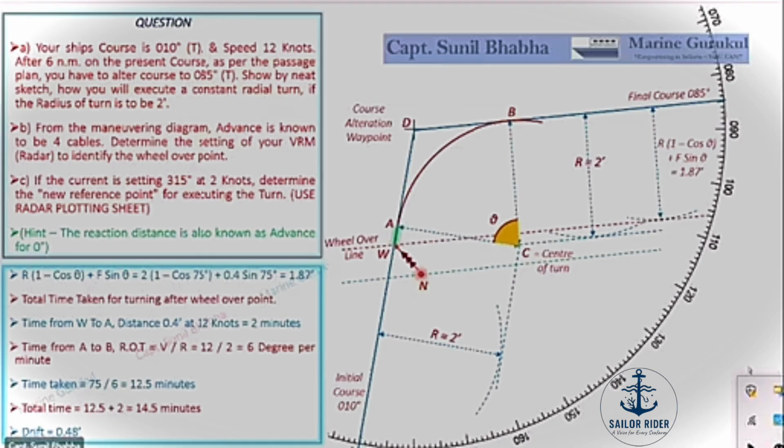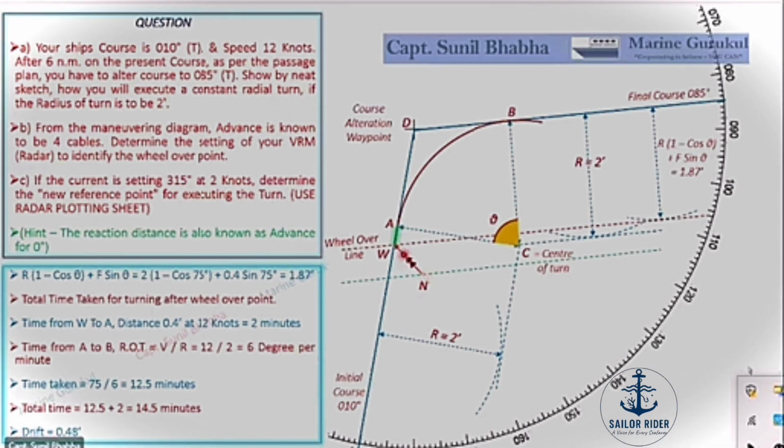So this November point which we have obtained now becomes our new reference point for executing that turn. So if we commence our turn at point November, the current is going to drift us from November to Whiskey in 14 and a half minutes. The rudder action of the vessel is going to take it from W to Alpha, that is the reaction distance, and Alpha to Bravo if we maintain 6 degrees rate of turn as per our rate of turn indicator.